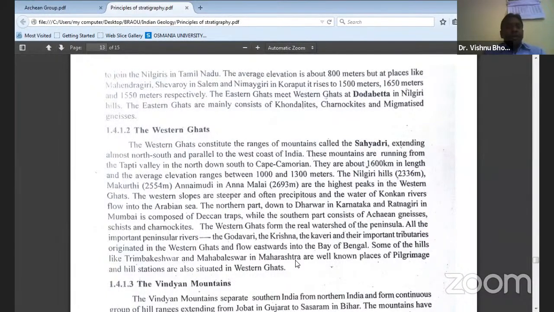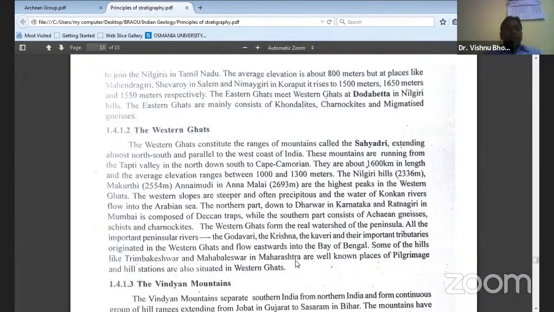The Eastern Ghats and Western Ghats both meet at a place called Doddabetta, in the Nilgiri Hills.